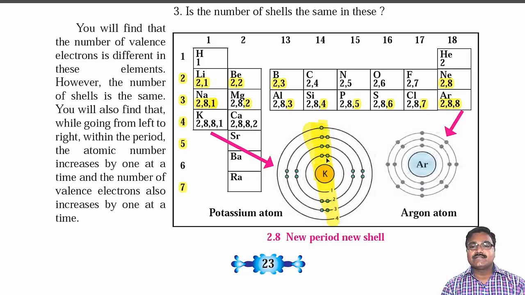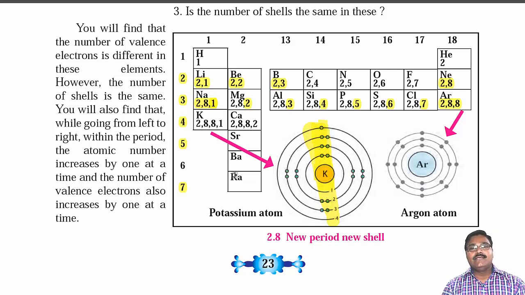That means shells go on increasing, and eventually as the shells go on increasing, the distance between the nucleus and the outermost electron will also go on increasing, and this distance is nothing but atomic size. Therefore, as we move down the group, there is an increase in atomic radius, that means atomic size.